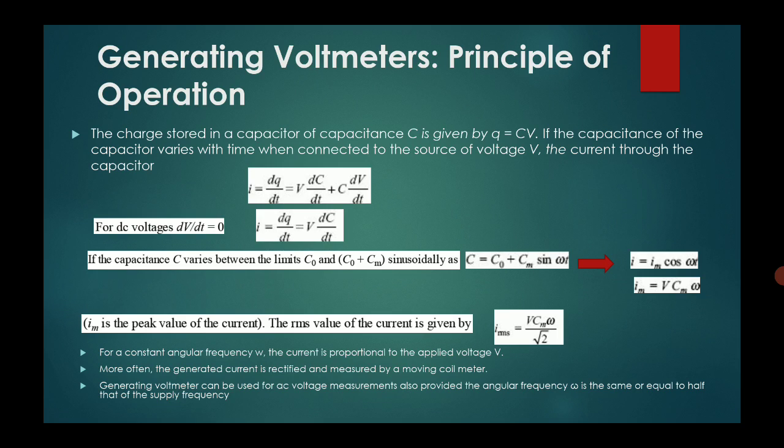If the capacitance of the capacitor varies with time, when connected to a source of voltage V, the current through the capacitor is given by dq/dt, which is nothing but V dC/dt plus C dV/dt. Previously we have seen this current in terms of C dV/dt, but since the capacitor is also variable, we have to use the term V dC/dt. Okay, so for a DC voltage dV/dt is 0, so we have I equal to V dC/dt.